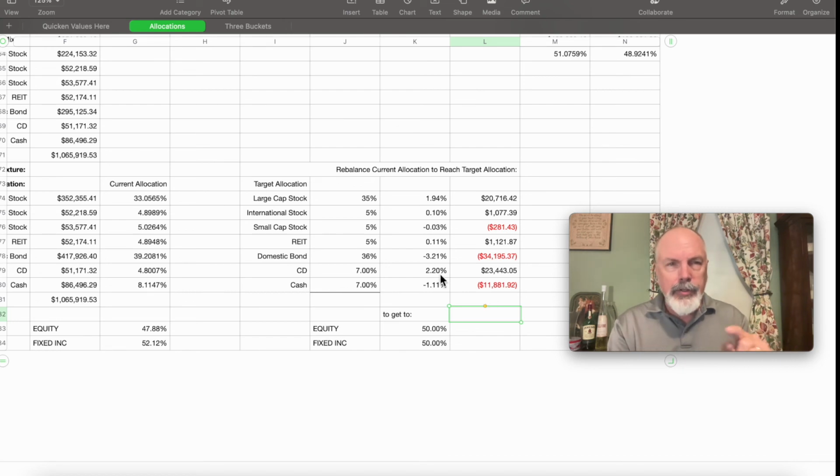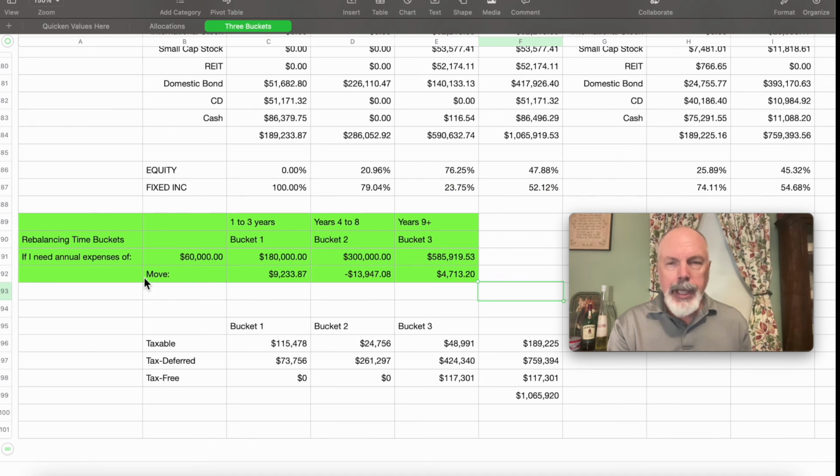So I look at this for the allocations and I look at this for the time buckets. And again, on this sheet down here, you'll see this area and it shows if your annual expenses are this, then you need about this in your bucket 1, this in bucket 2, and this in bucket 3.